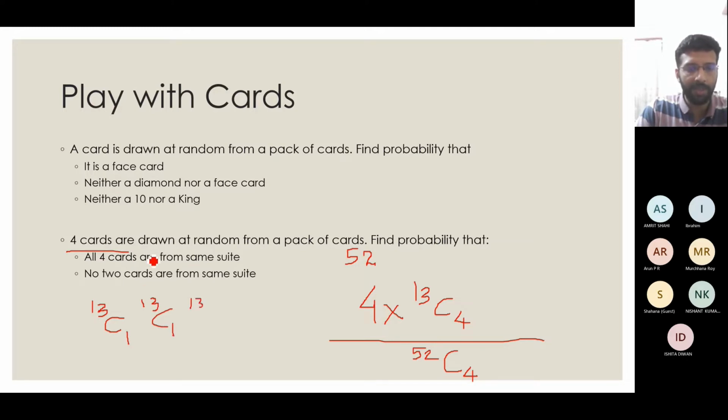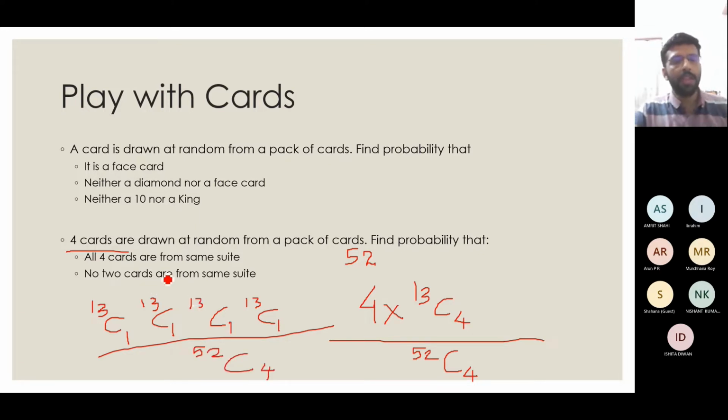Similarly, the third card is from a third suit and the fourth card is from a fourth suit. So my denominator is again the same: 52 cards, I need to choose 4 cards. So depending on the problem, we will have to find out how to apply the combination equations that we saw in the previous examples.